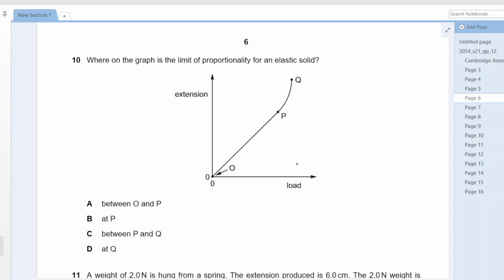Here we see this P. Up to load P, extension is proportional to the load. This limit is known as the limit of proportionality or Hooke's limit. Therefore, the answer is at P.